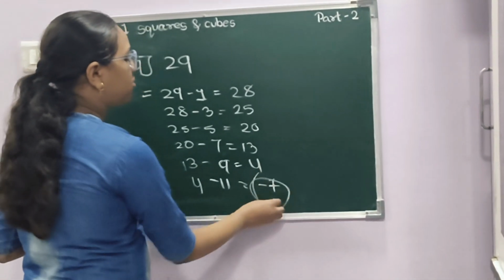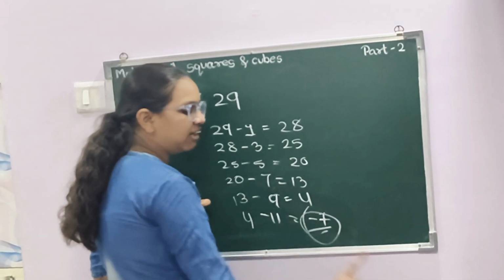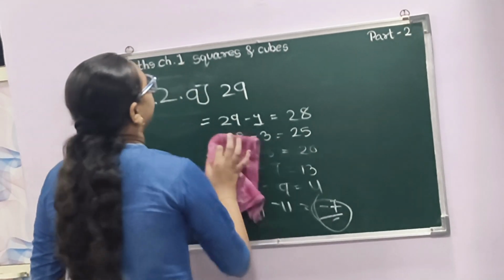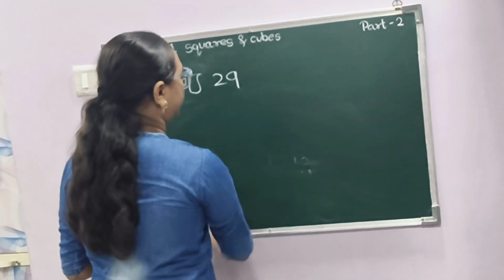So here 0 is not coming, so this is not a perfect square. I have given you the example of 25 also.